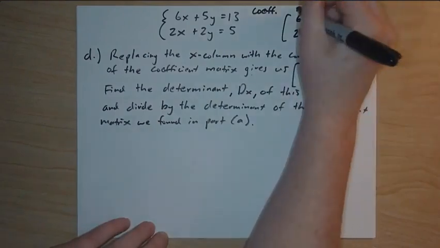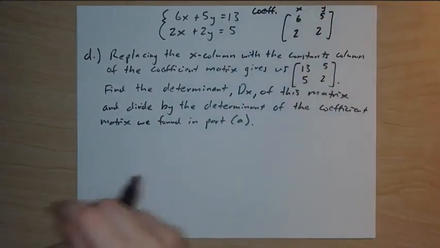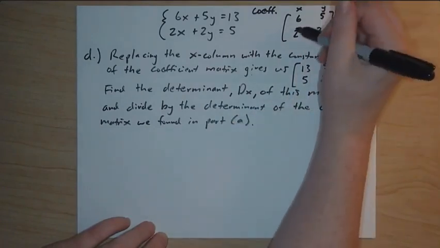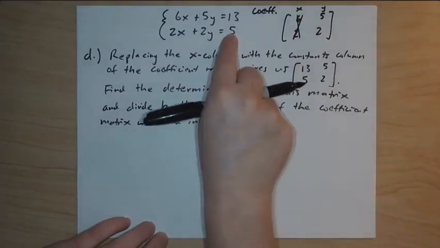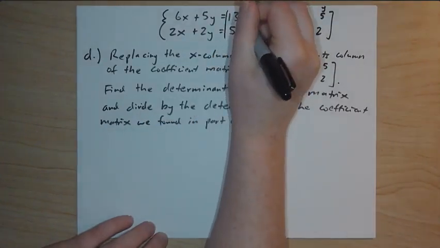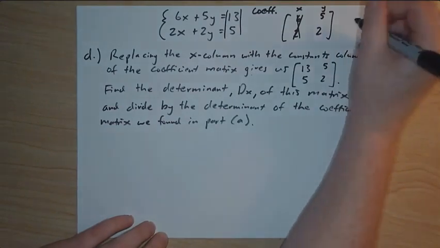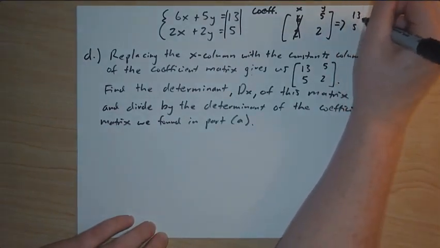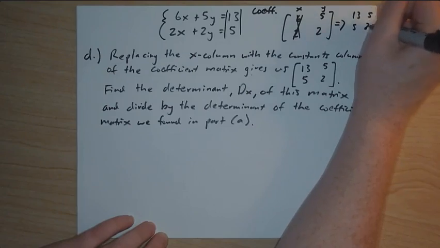And this was the x column and this was the y column. And what we've essentially done is we've taken this and replaced our x column with our constants column. So this would be the constants column right here, 13, 5. And so we've changed this to 13, 5 and 5, 2. So this is how we got to this matrix.